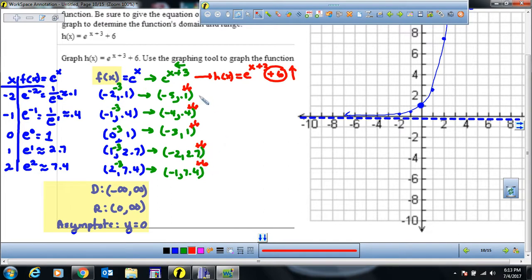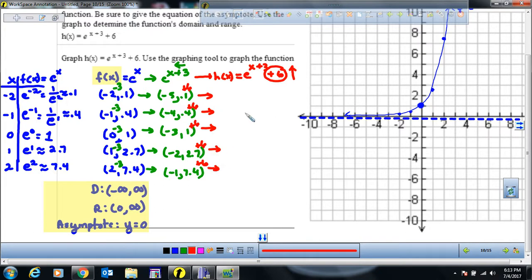Okay, so if I do the plus 6, then my final points for the function h of x will be negative 5, 6.1, negative 4, 6.4, then negative 3, 7, then negative 2, 8.7, and then negative 1, 13.4.